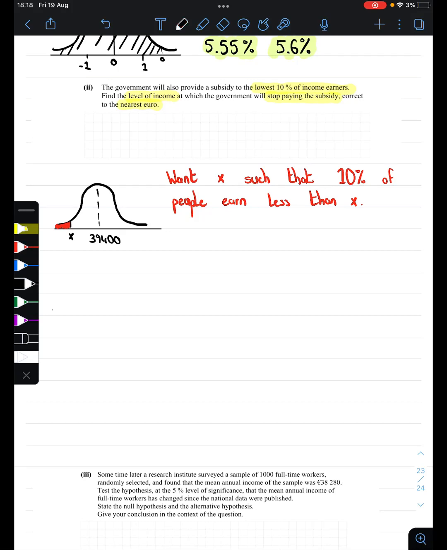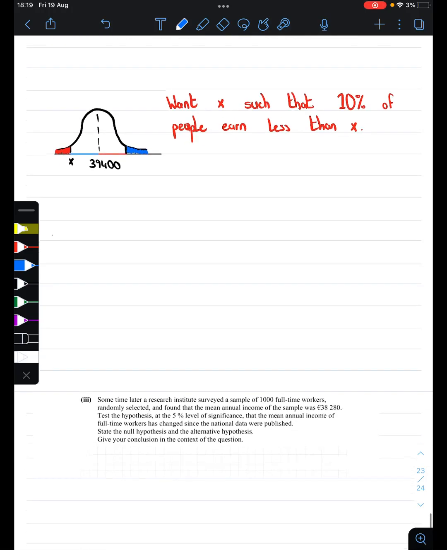And so really what we're trying to find is this distance of the bottom 10% to the mean. Okay? And the distance from the bottom 10% to the mean is the same distance as from the mean to the top 10%. So the top 10% of earnings are just as far from the mean as the bottom 10%.